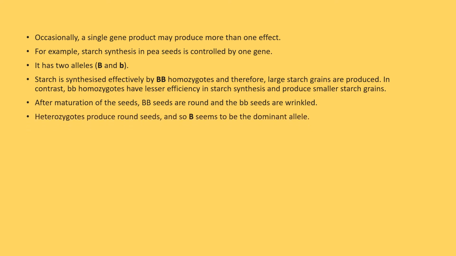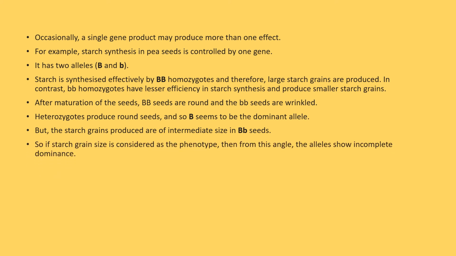Heterozygotes produce round seeds, and so capital B seems to be the dominant allele. But the starch grains produced are of intermediate size in capital B small b. So, if starch grain size is considered as a phenotype, then from this angle, the alleles show incomplete dominance.